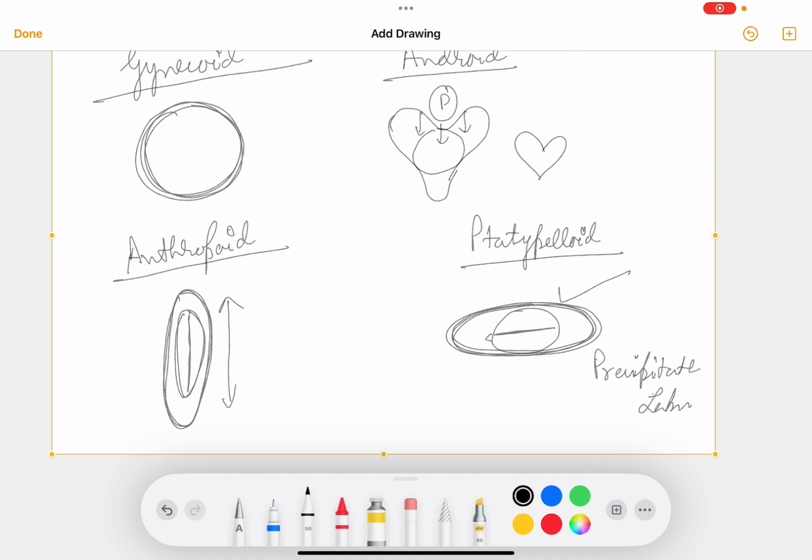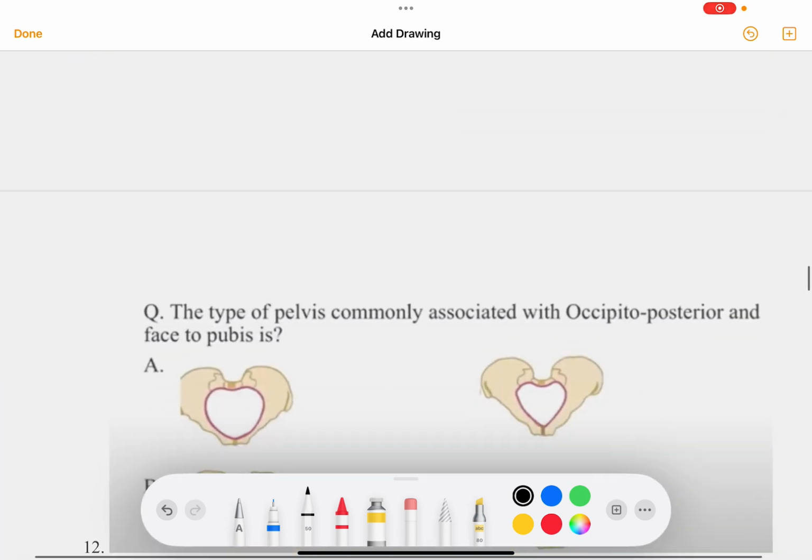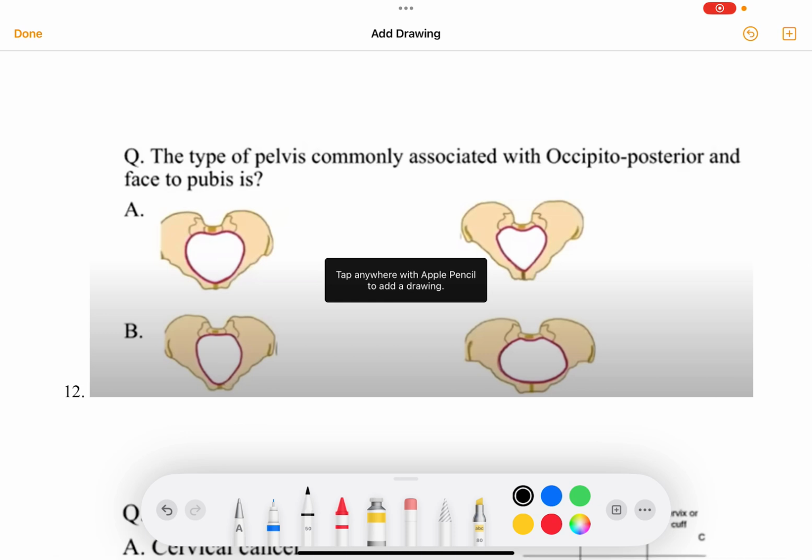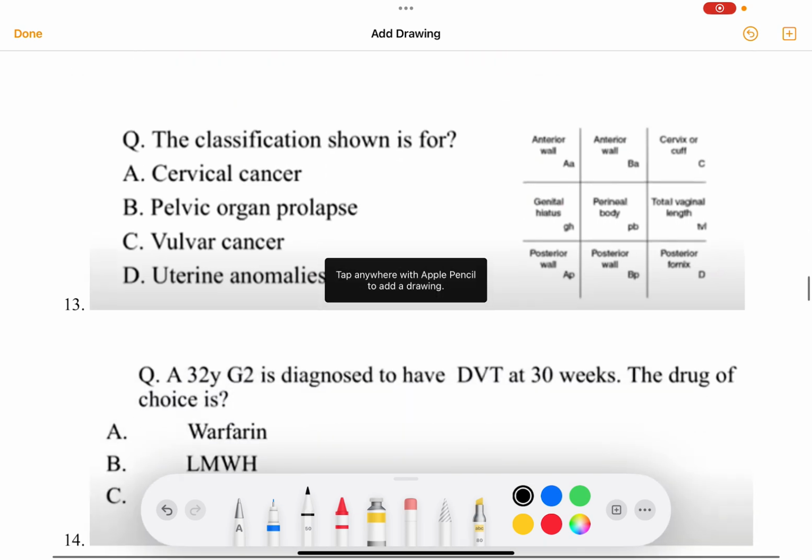Whereas face to pubis delivery or occipito-posterior or occipito-sacral arrest occurs in anthropoid pelvis. This is very important. So the answer will be B, that is, the anteroposteriorly oval pelvis, the anthropoid pelvis, will lead to occipito-posterior or face to pubis delivery.